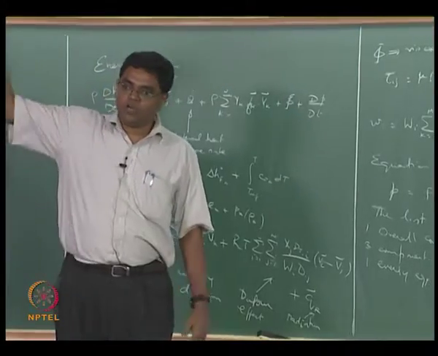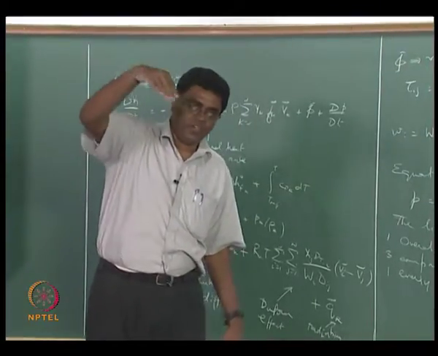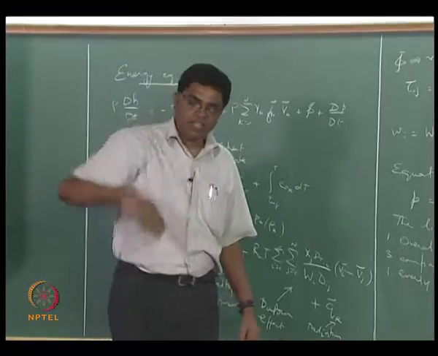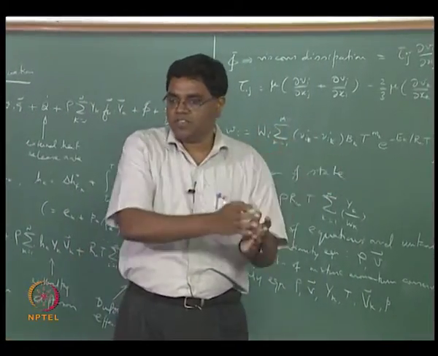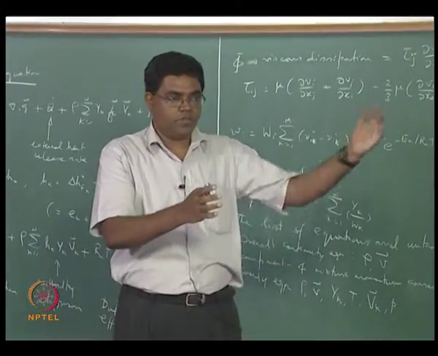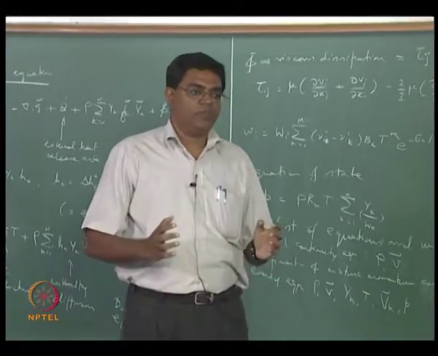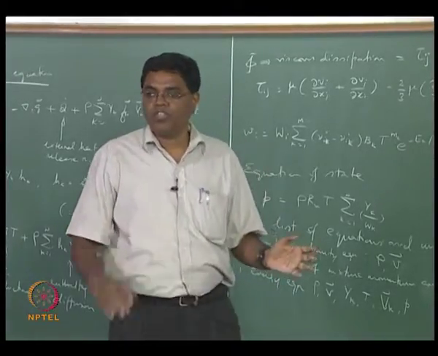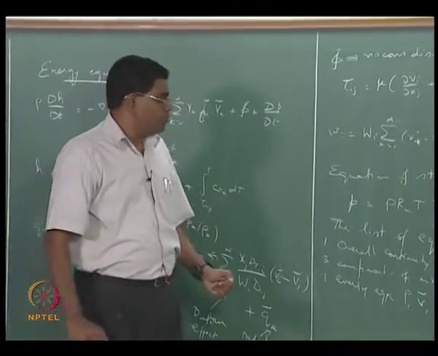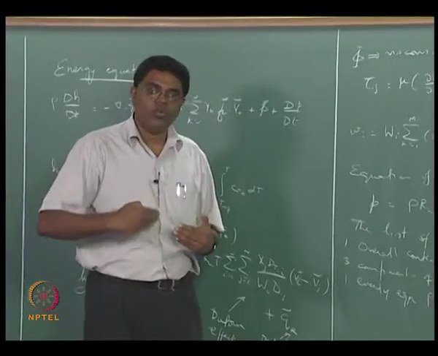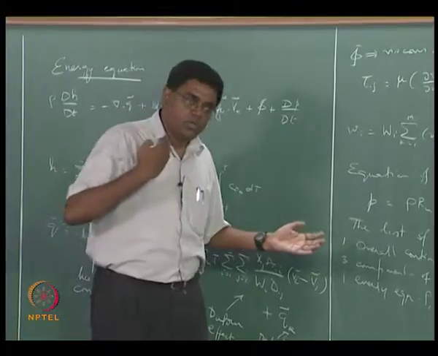So we have now reached like a summit, and then we will keep going downhill to make it easier for our lives, and then we will start looking at specific problems, like let's say a premixed flame or a diffusion flame and so on, within a simplified framework that is handleable from a theoretical point of view, rather than having to rush to a computer every time to do anything, right. So this is the way the rest of the course is going to go from here. This is like the starting point. From here we will go simplifying things.